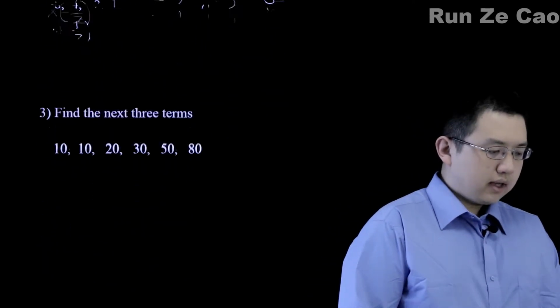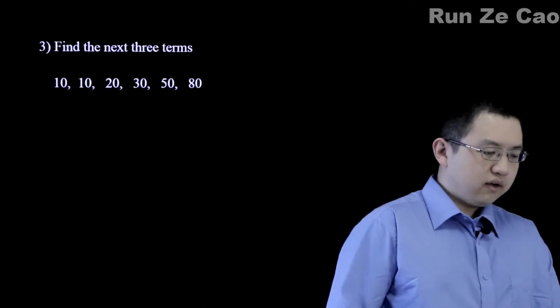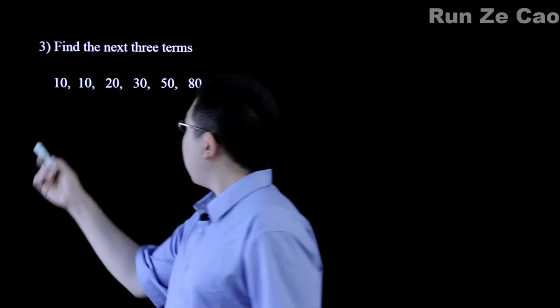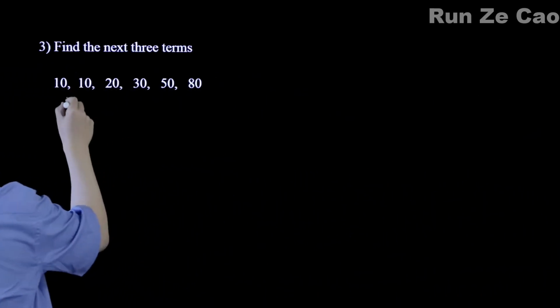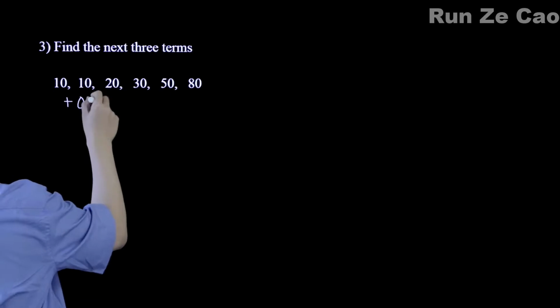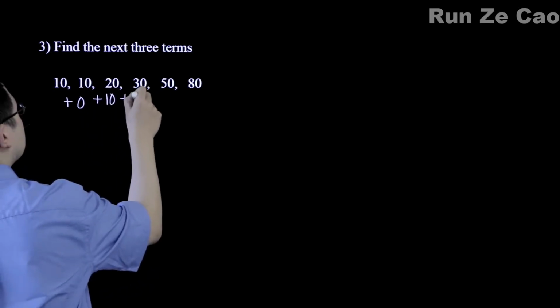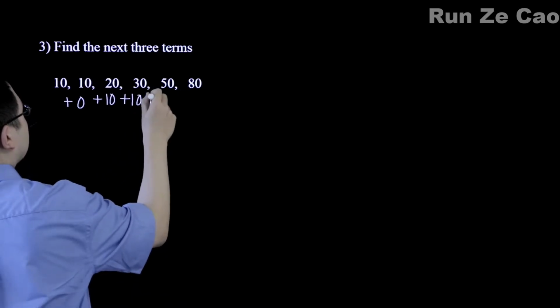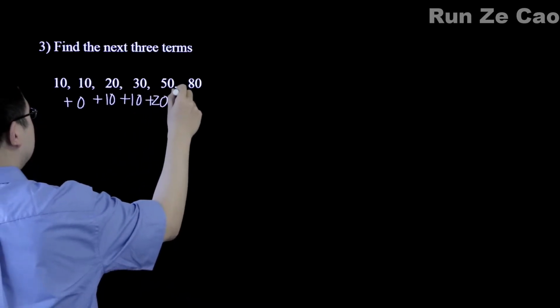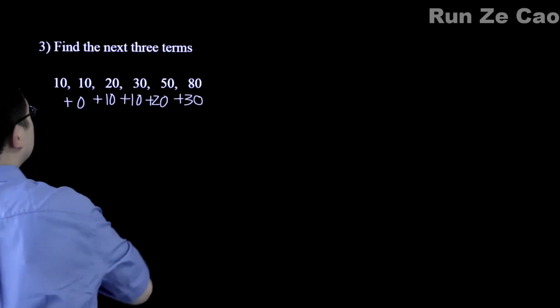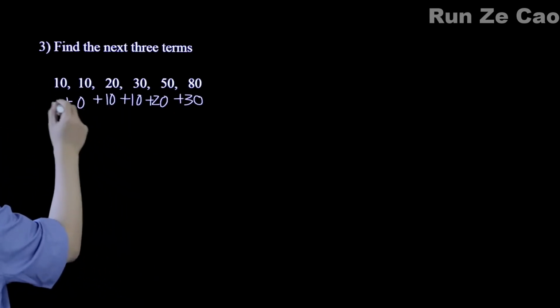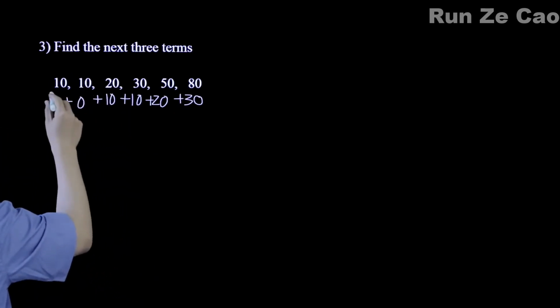Now here we have 10, 10, 20, 30, 50, 80. So here we have plus 0, plus 10, and then plus 10, plus 20, plus 30. This looks like you're adding the number before this.